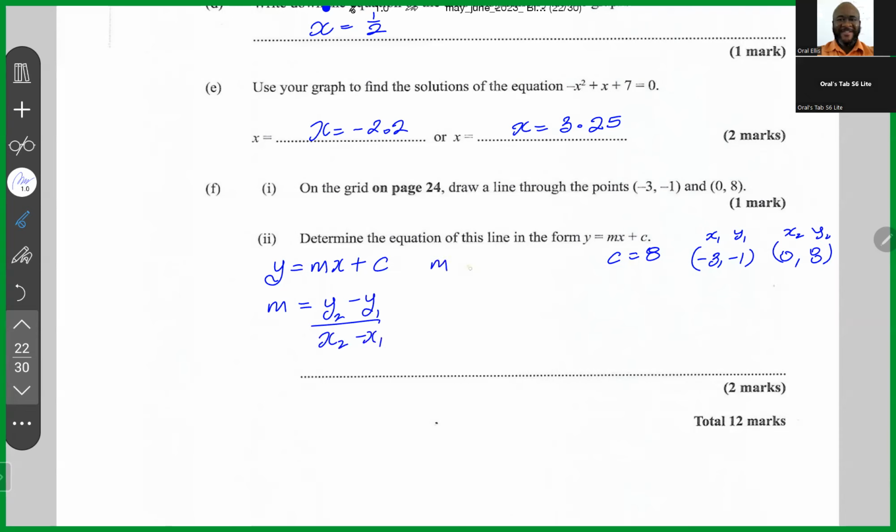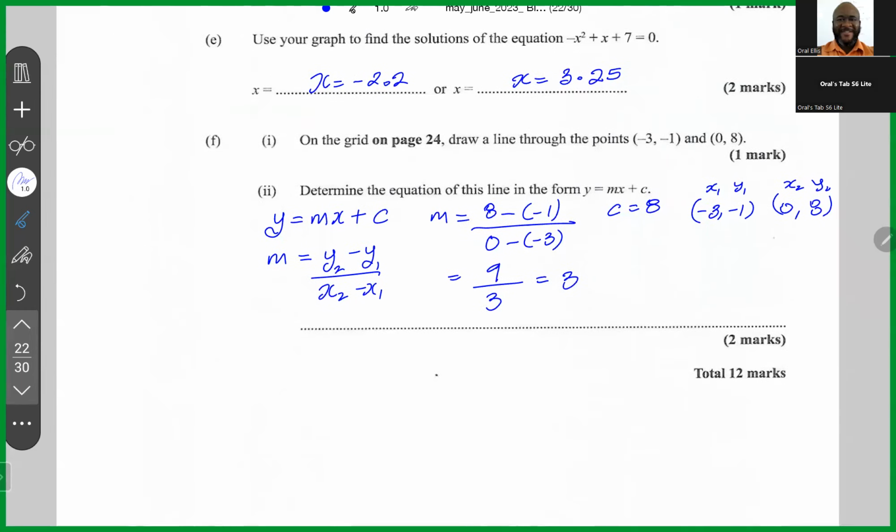The gradient m is 8 minus -1 over 0 minus -3. Minus a minus is a plus, so 8 plus 1 is 9. And at the bottom, 0 plus 3 is 3. So my gradient m is equal to 3.